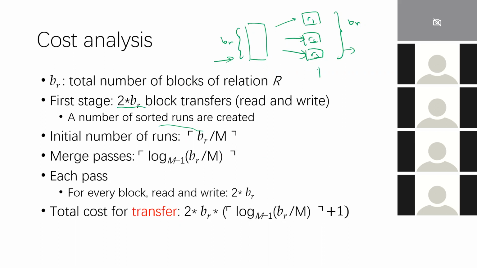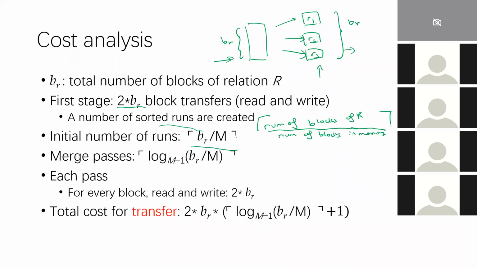How do we know the number of runs to create? Fortunately, we have a formula. The number of runs to create is the number of blocks of the relation divided by the number of blocks in memory, in the upper ceiling of it.